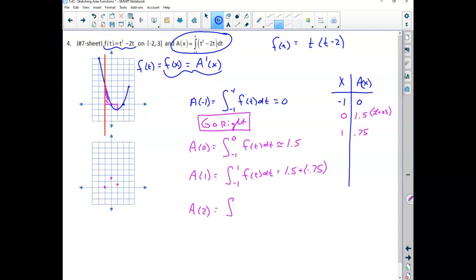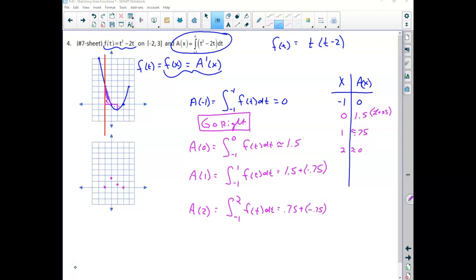Well, that's going to be negative 1 to 2 of f of t dt. And if I keep going with where I was at 0.75, plus how much more? I'm going to say that's about another negative 0.75 if I had to, right?